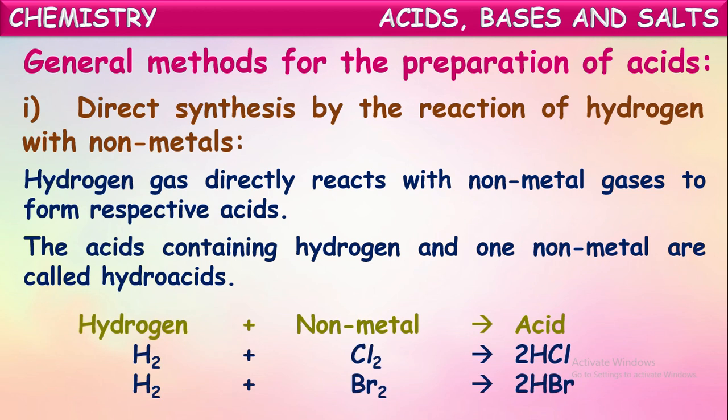For example, when hydrogen reacts with nonmetals like chlorine and bromine, they form their respective acids like HCl, which we call hydrogen chloride or hydrochloric acid, and HBr, which is called hydrobromic acid. So these are formed when hydrogen gas directly reacts with non-metallic gases. Okay, this is one direct synthesis method for the preparation of acids.